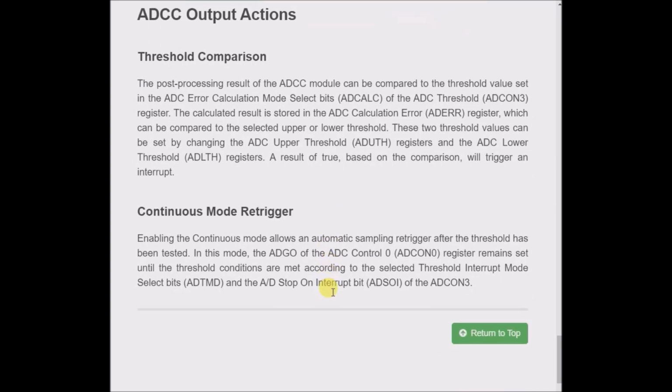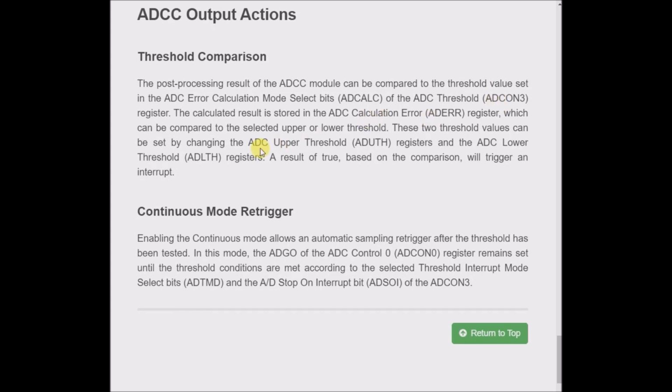ADCC output actions. Threshold comparison. The post-processing result of the ADCC module can be compared to the threshold value set in the ADC error calculation mode select bits ADCALC of the ADC threshold ADCON3 register.